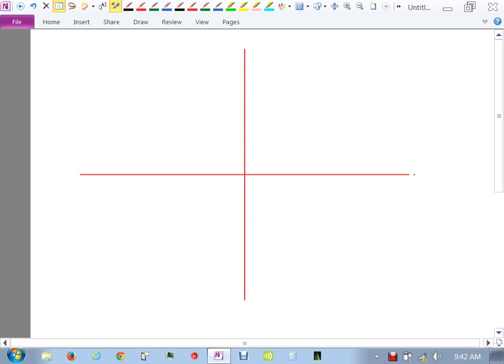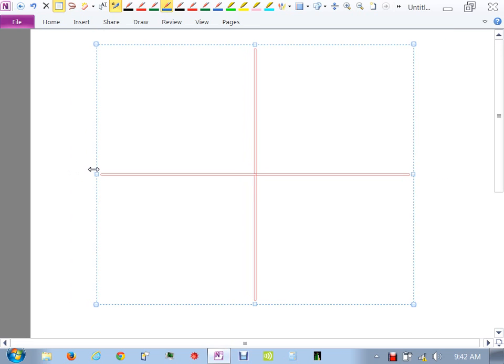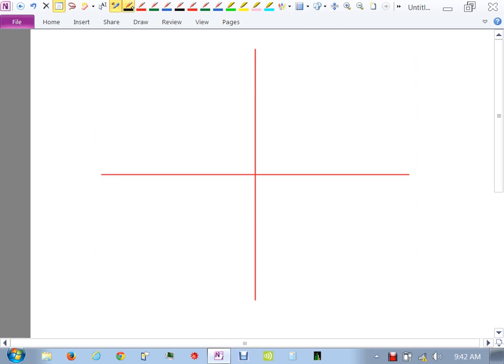All right, you ready? Here we go. What is the first piece of information I gathered? What's the first thing I know about my graph? The x-intercepts, right? I have an x-intercept at 0. So I'm going to go to 0 and draw a dot. Okay, that's the first thing.